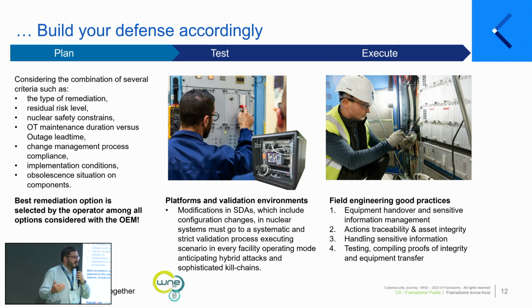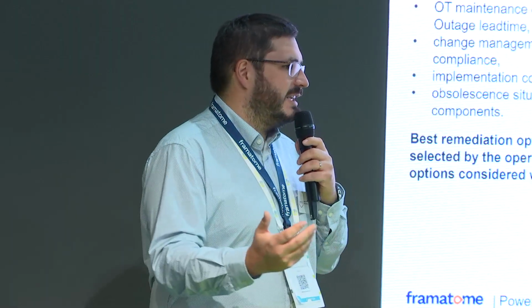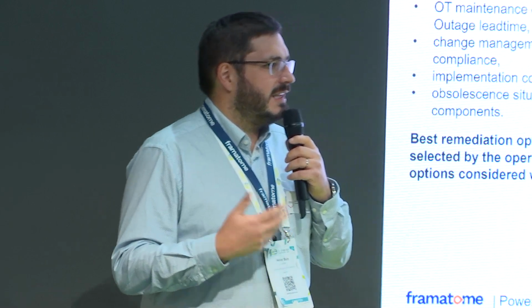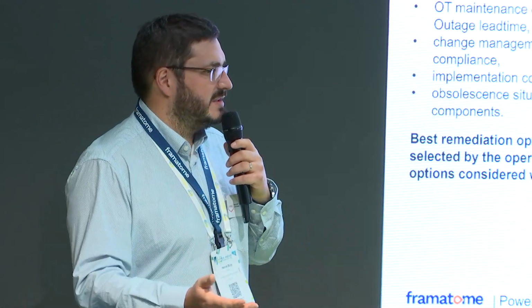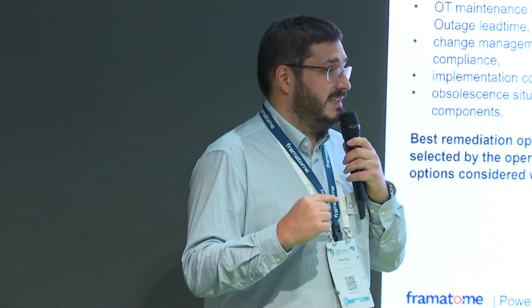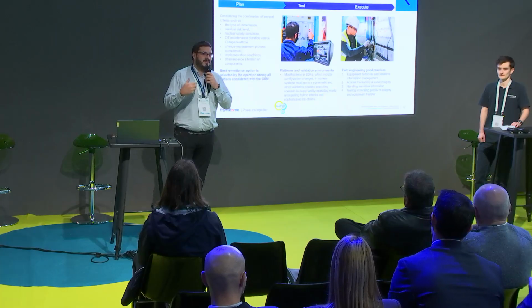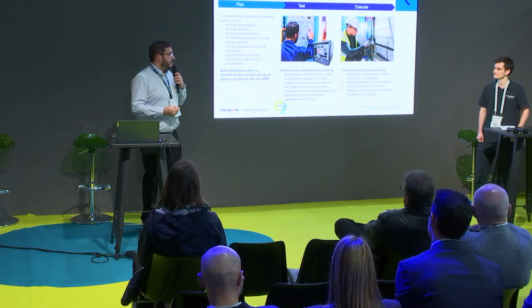You can discover that even if this activity is not on the critical path of an outage, having to test and validate again that piece of equipment in its running context can be very difficult and tedious. So you need to prepare for these. They are not easy to plan because they touch a lot of things and you need to revalidate everything.